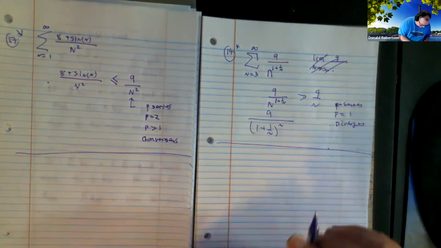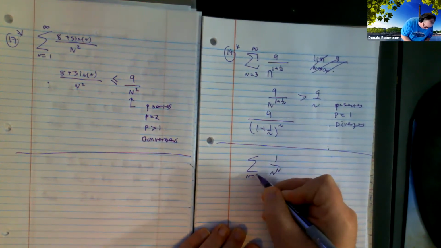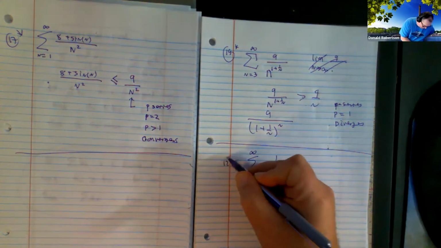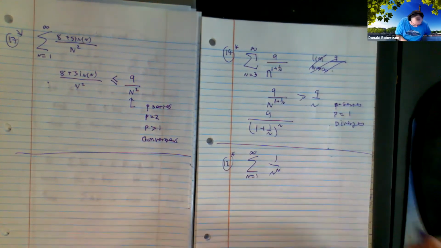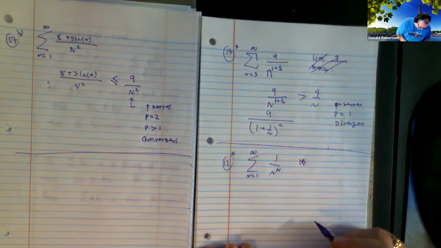I could be wrong. Ah, here we go. That one is not a comparison test at all. That one is a red herring. And that one happens to be question 12. Oops. Take that back.